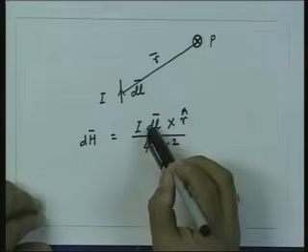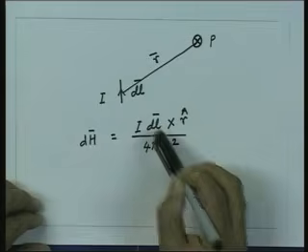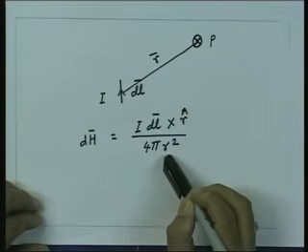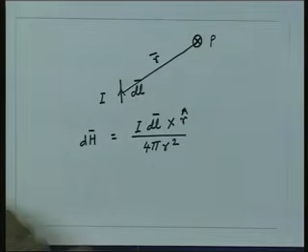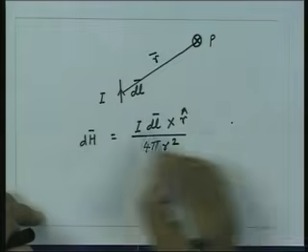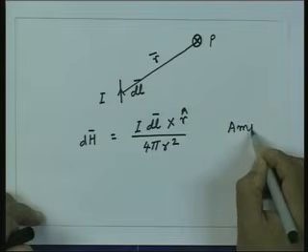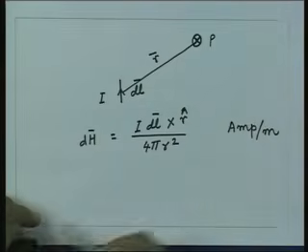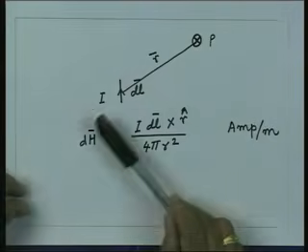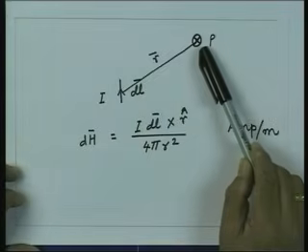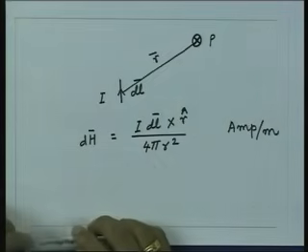Since the dimension of dl is length and you have a length square in the denominator, the unit of the magnetic field is current per unit length, that is amperes per meter. This is the magnetic field strength at this location P due to this current element.